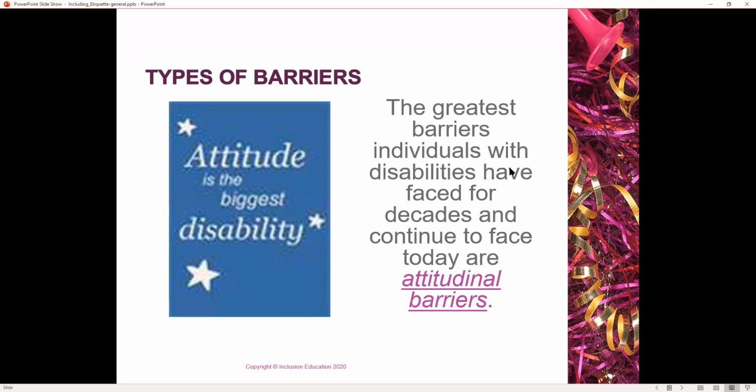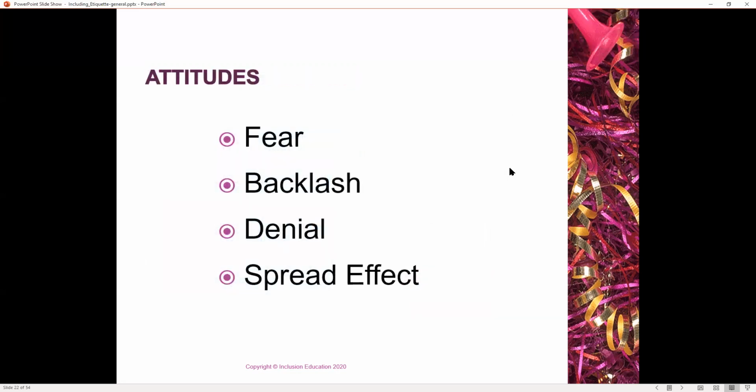So attitudes can come in many types of forms. The negative attitudes towards people with disabilities, or at least inappropriate attitudes. One is fear. People might fear that they say or do the wrong thing, so instead of making an effort to be friendly, they just back off and not do anything.